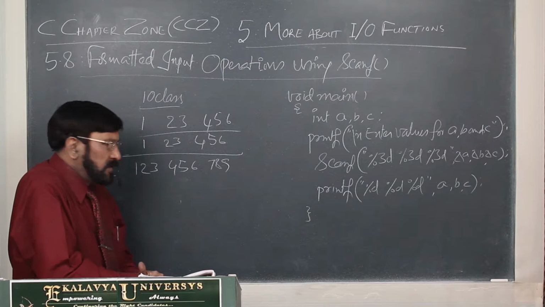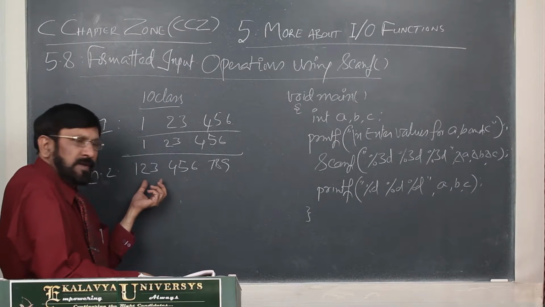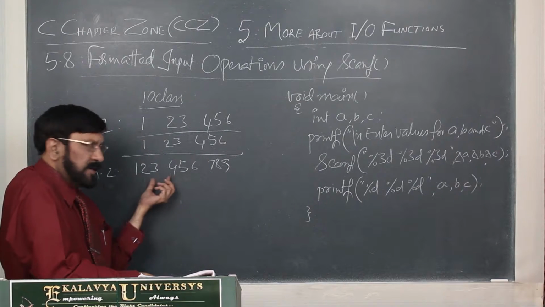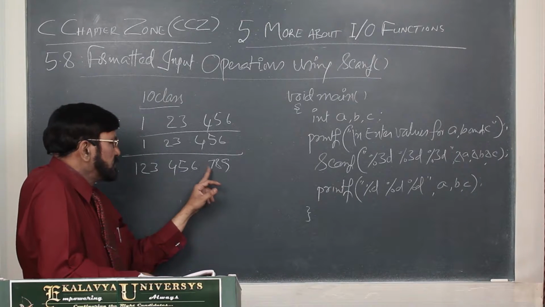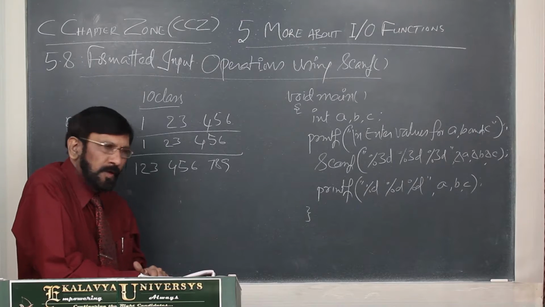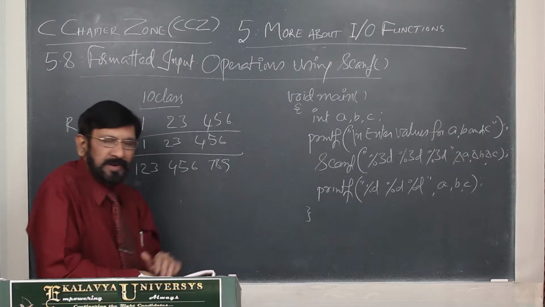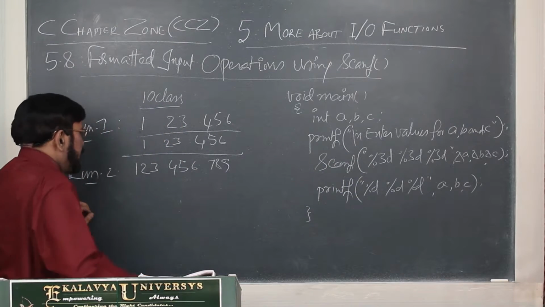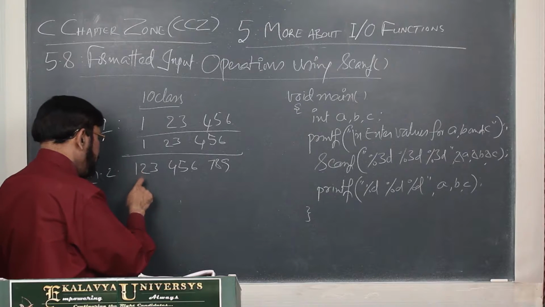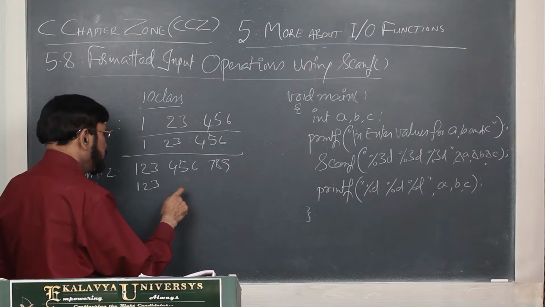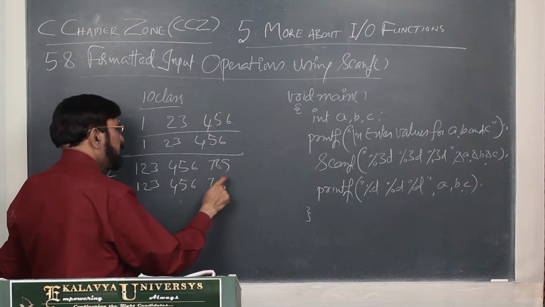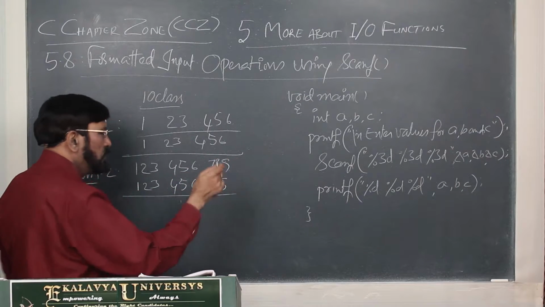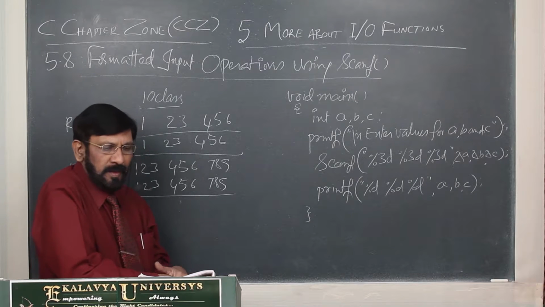That means A's value is 123, B's value 456, C's value 789. For all three we have given 3 digits, so we are not violating the rule. The output is 123, 456, 789. There is no anomaly in that.